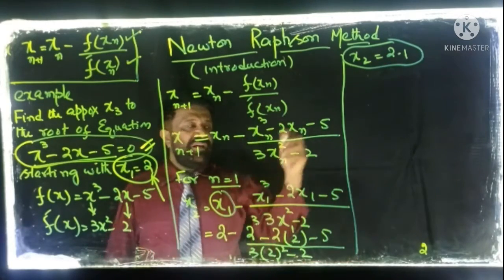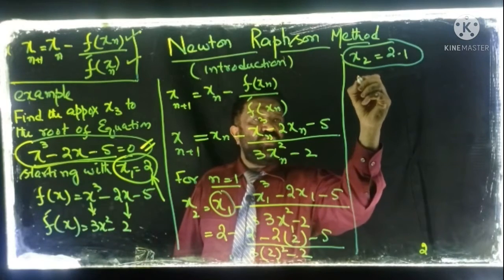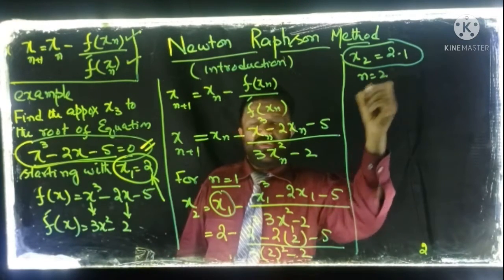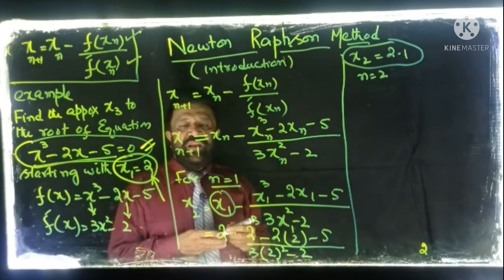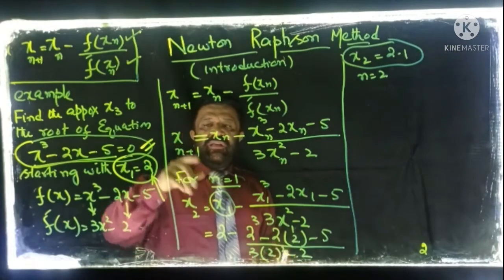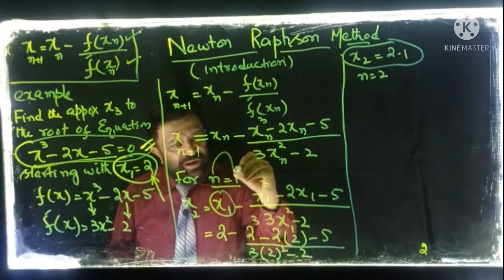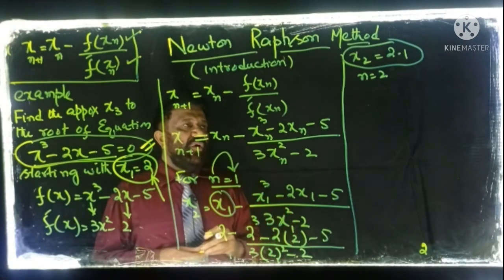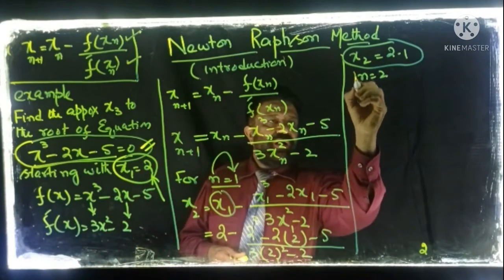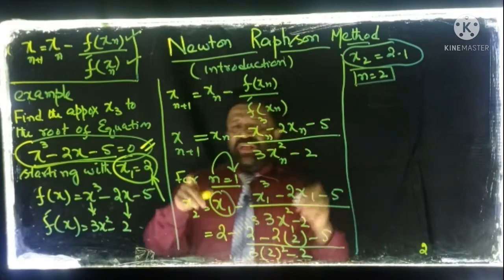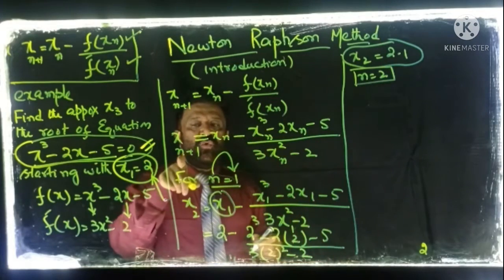Now putting n is equal to 2. Over here, what you did, where n was written, instead of n you wrote 1. Now where n is written, write 2.